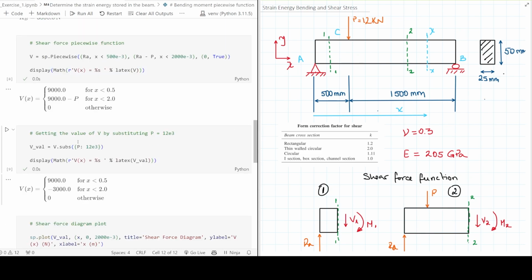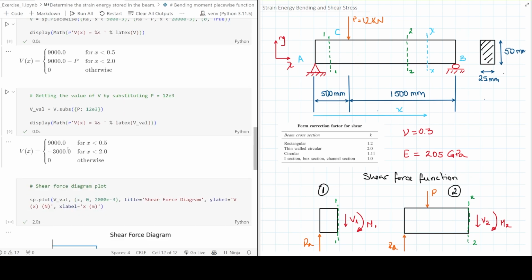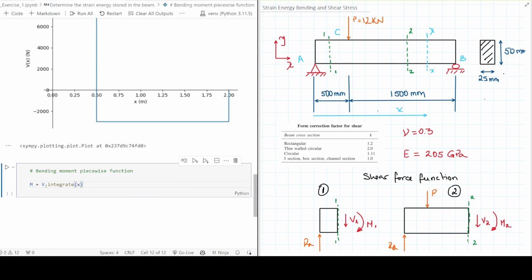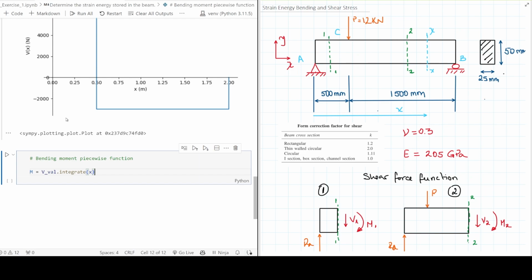Now, as I don't need to work with P, meaning making any partial differentiation, because I'm not going to be calculating any deflections or using the Castigliano theorem, I can just use the value I have just calculated, integrate it, and then get the bending moment piecewise function.